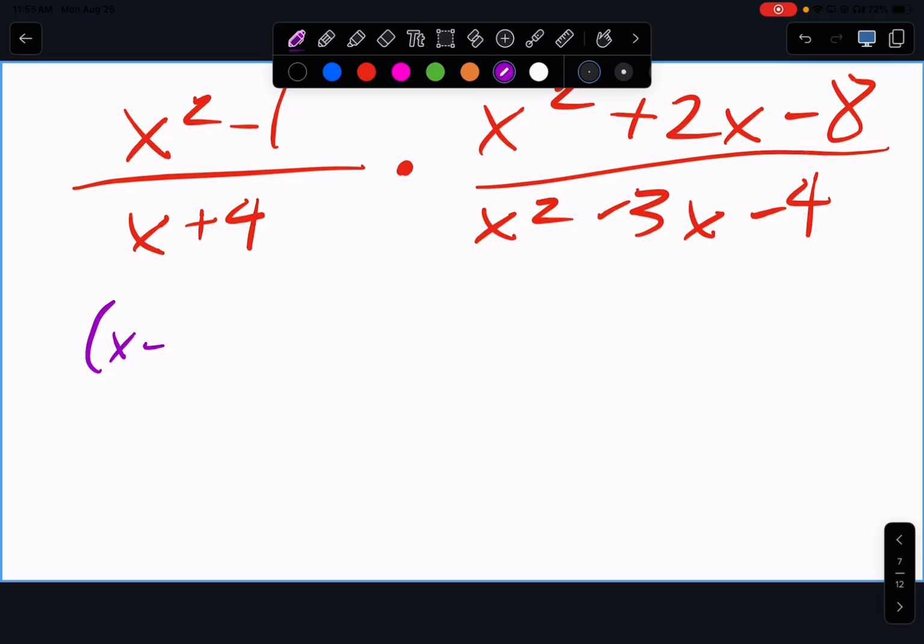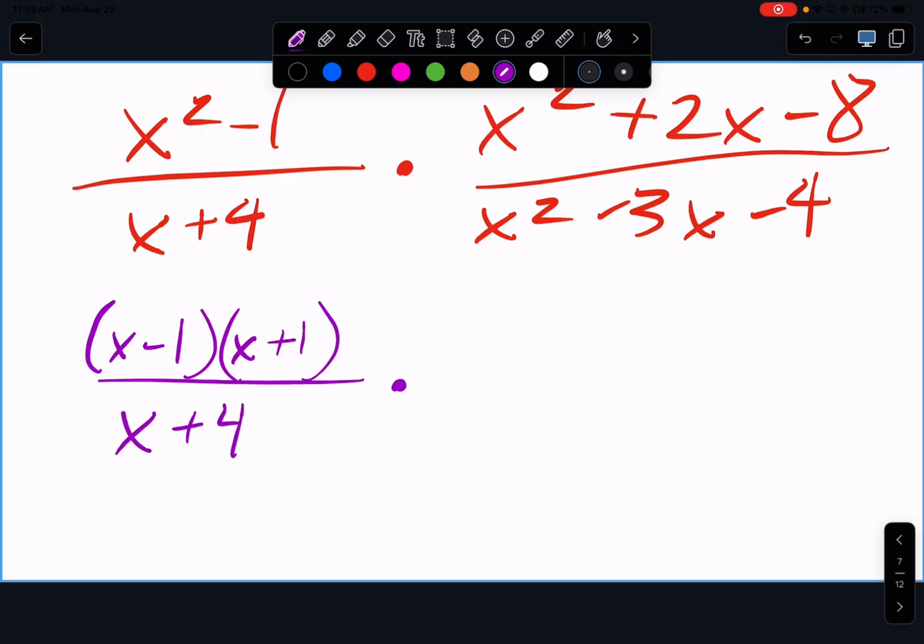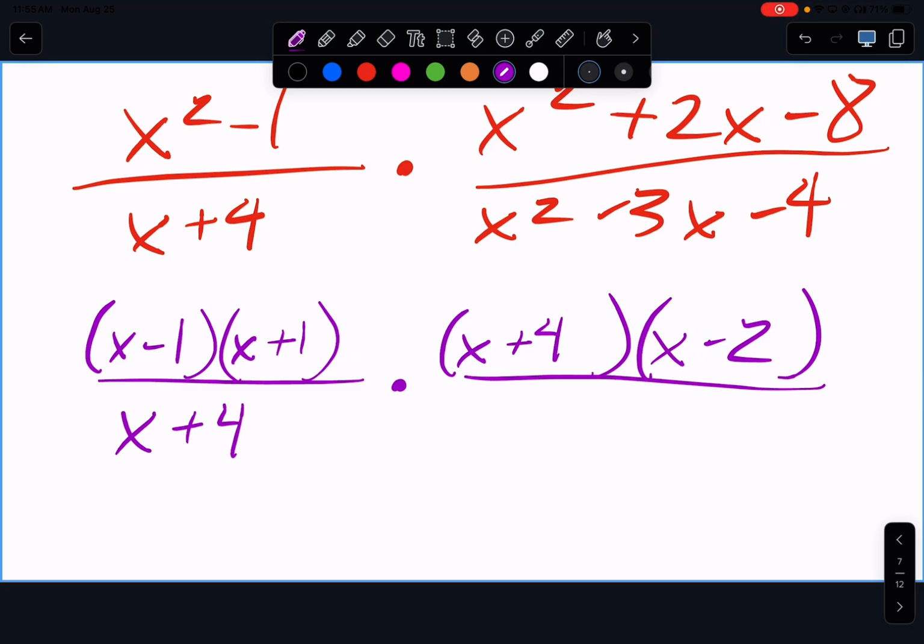So like I said, this is difference of squares. x squared minus 1 is x minus 1 times x plus 1, over x plus 4, times, and this one's going to be x plus 4 times x minus 2 over, and this one is going to be x minus 4 times x plus 1.